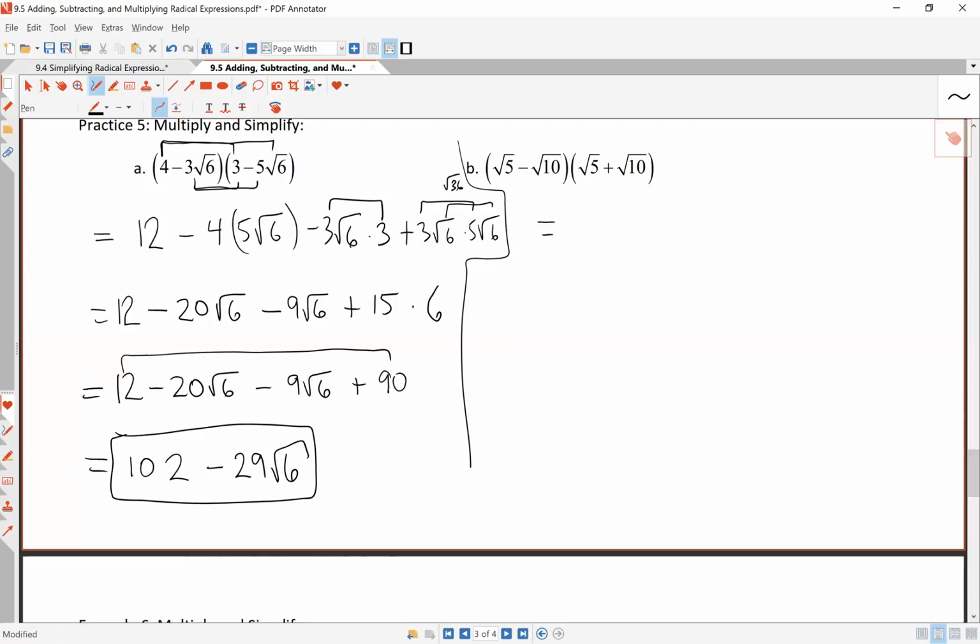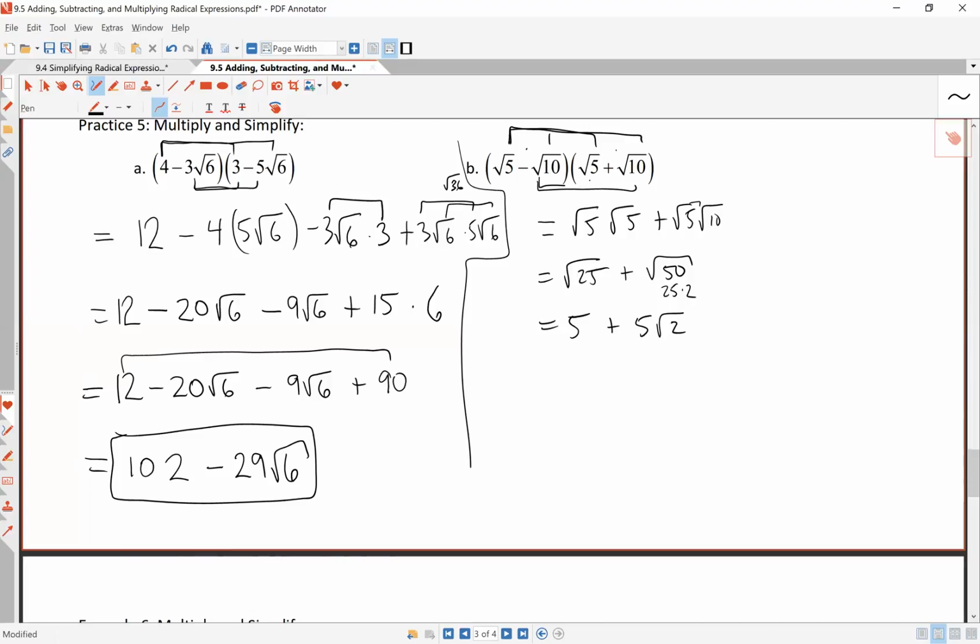And letter B. Notice how we have the same 2 terms with a minus and a plus in the middle of them. Square root of 5 times square root of 5. That's the square root of 25, which is 5. Square root of 5 times 10. That's the square root of 50, which is 25 and 2, which gives us 5 square root of 2.